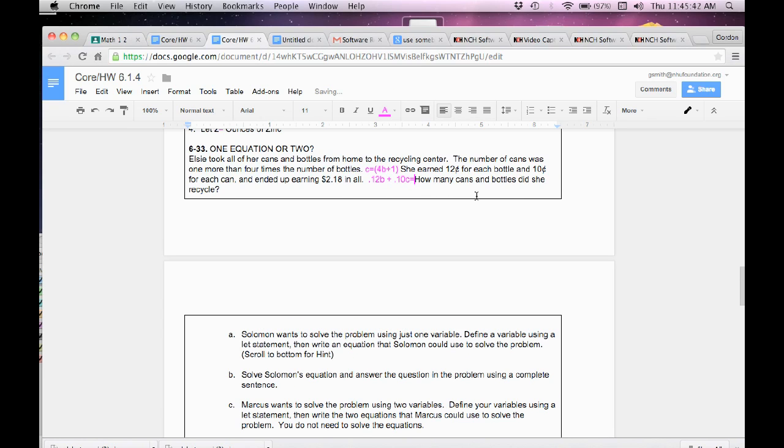And we know that all of that together is going to be equal to $2.18. So 0.12 times the number of bottles plus 0.10 times the number of cans is equal to $2.18.